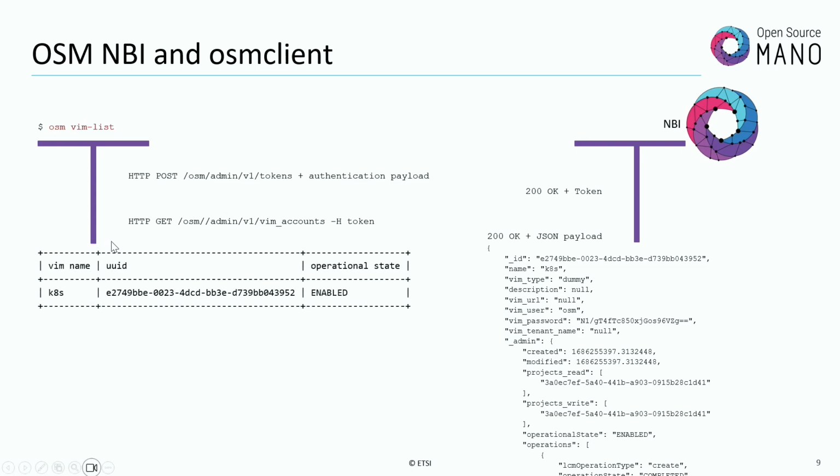So ultimately the OSM client takes this and returns us a nice little table, a pretty print of it. So we have some OSM client challenges, which basically say, oh okay, we're getting all this JSON payload, but perhaps it's not a nice output, or perhaps it's missing something.